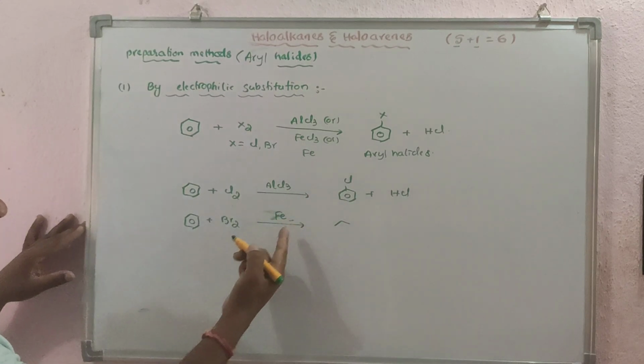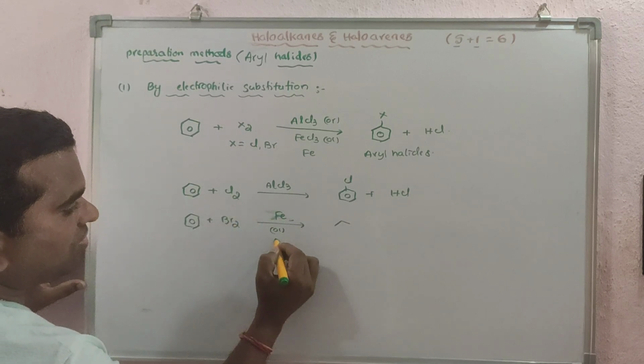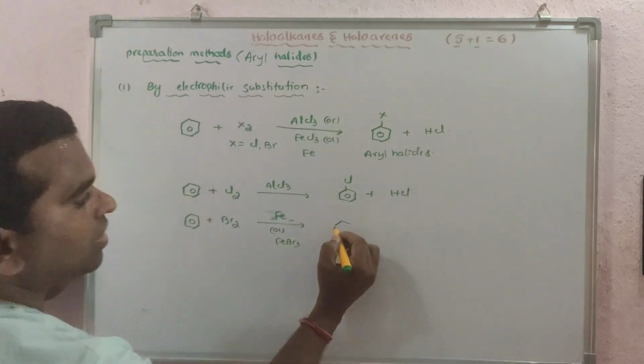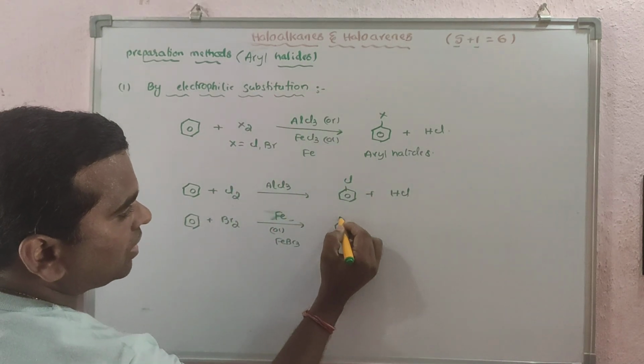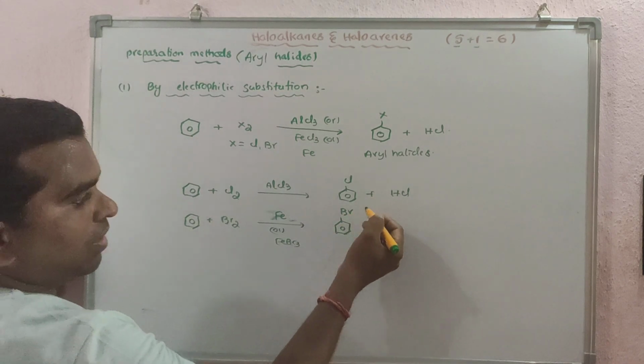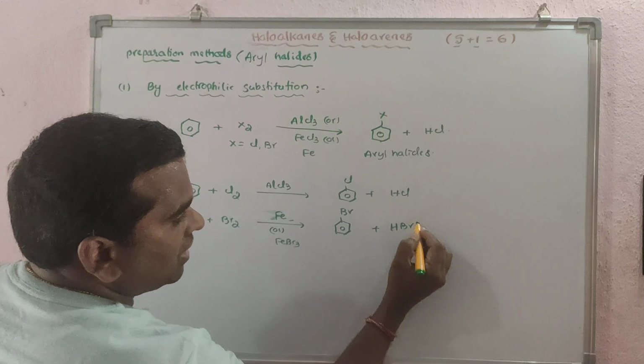Fe reacted with bromine gives FeBr3, the same as previously. Then you will get the aryl bromide, or bromobenzene, plus HBr.